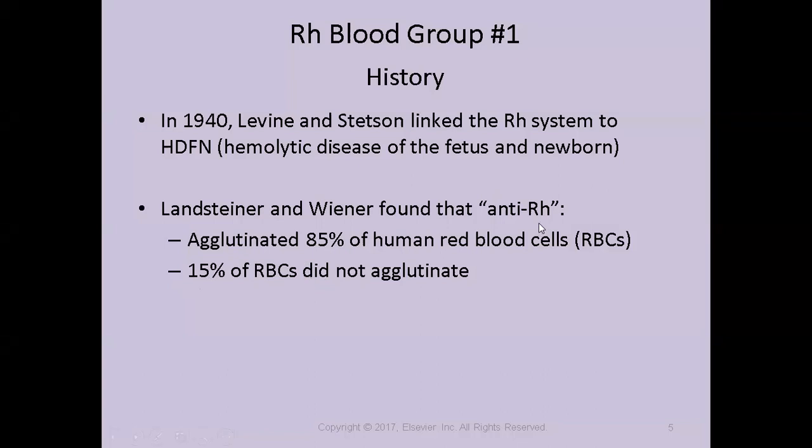So in these early studies, 85% of our population has the D antigen and we consider them Rh positive. 15% of the population lacks the big D antigen and we call them Rh negative.